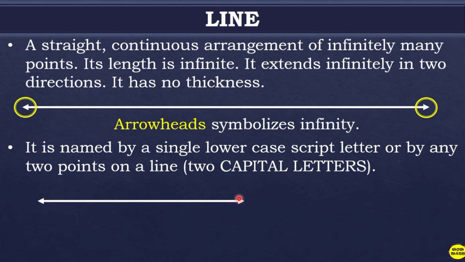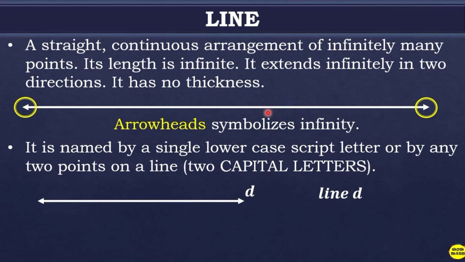Halimbawa, meron tayong line. Ang line natin, we have two ways of naming a line. So, first is by using a small script letter. So, halimbawa, ito. Okay, so, medyo maarte, parang ganon. So, I have here a line, and then we have here D. Okay, so, kapag pinangalanan natin to, this figure, how do we name it? We will name it as line D. Okay. Now, if you don't want to write the word line, you may use the symbol.